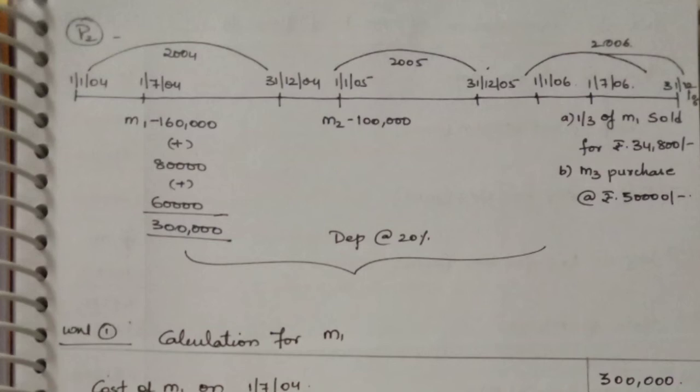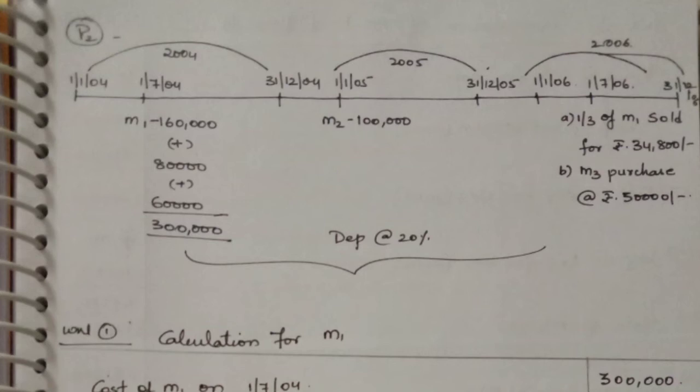Next comes 1st January 2006. In the year 2006, on 1st July 2006, a portion of the imported machinery was sold, that is 1/3. So the first thing you are doing on 1st July 2006 is that 1/3 of machinery 1 is sold for rupees 34,800.